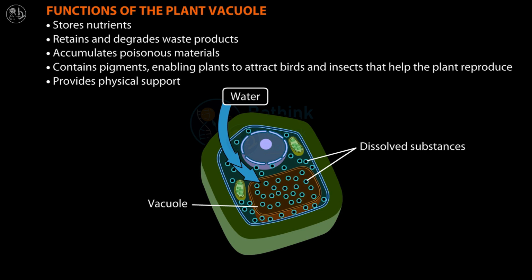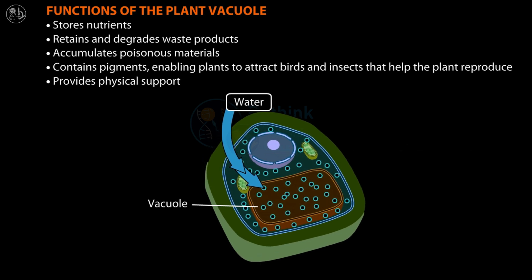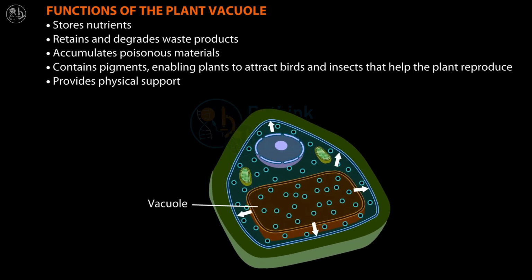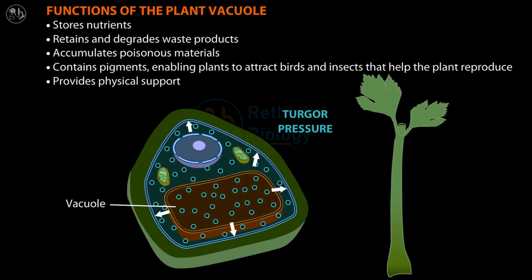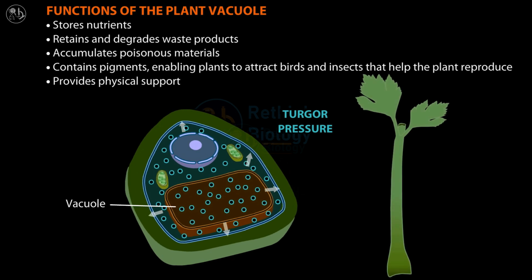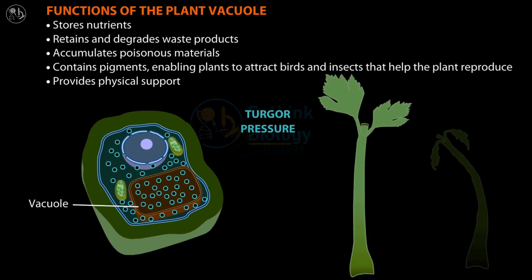The increased fluid pressure inside the vacuole can cause the cell to enlarge slightly and push out the cell wall. This process is responsible for the pressure called turgor pressure that allows stems, flowers, and other plant parts to stand upright. The loss of turgor pressure results in wilting.